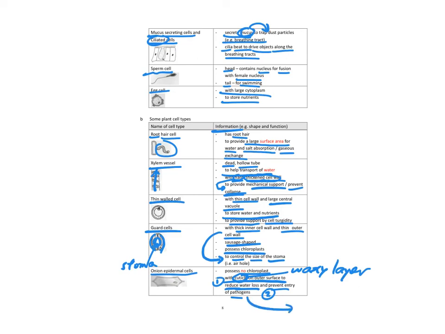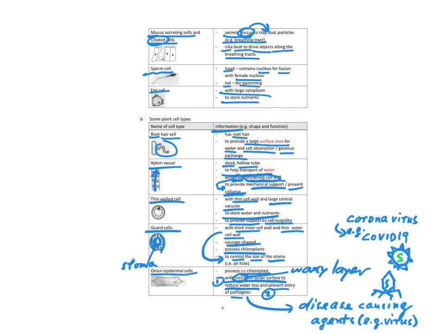Pathogens means disease-causing agents, for example, viruses such as the coronavirus, the COVID-19 that we are experiencing now, which is this virus. This is another type of virus, not the coronavirus. So pathogens are disease-causing agents.